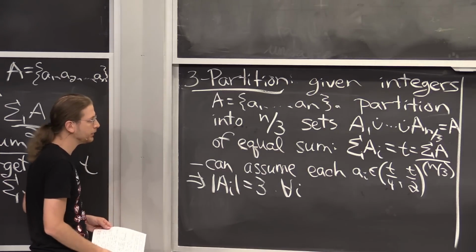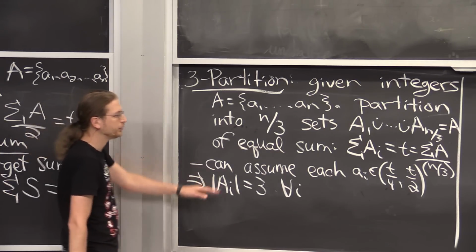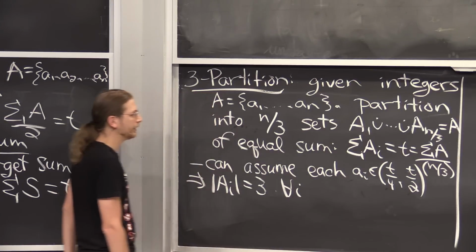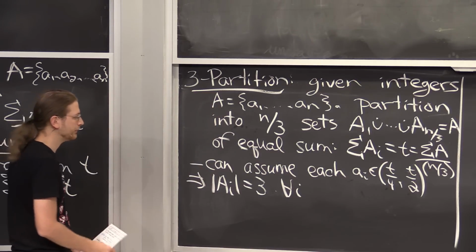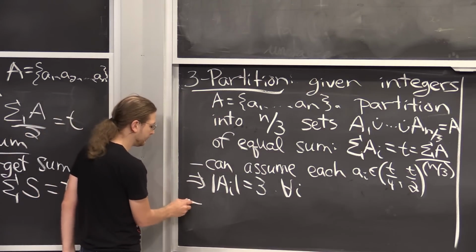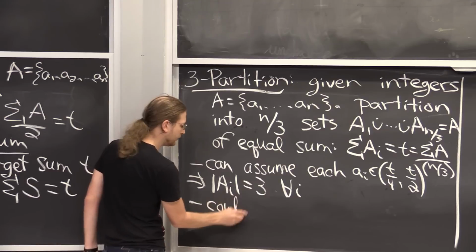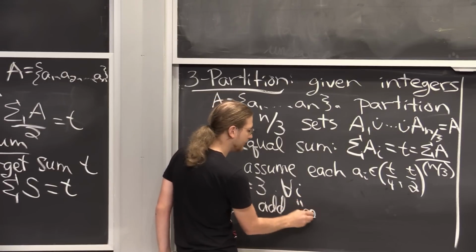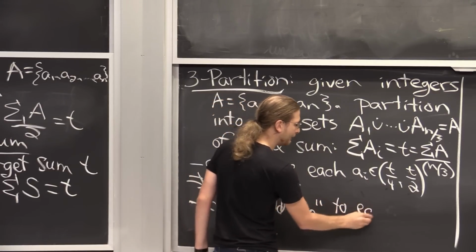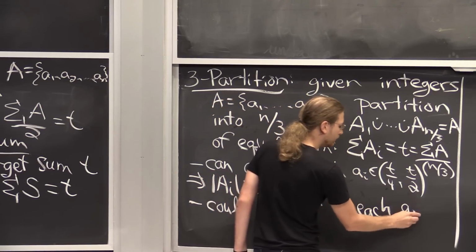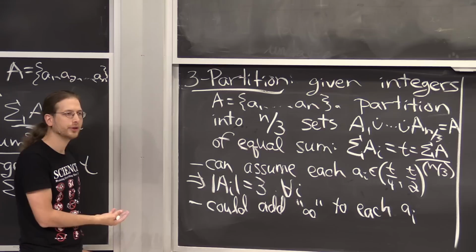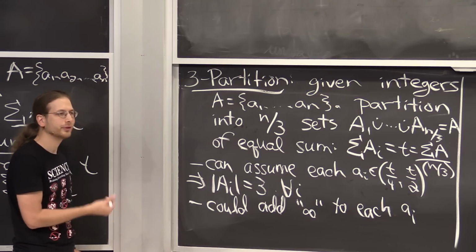In fact, once you have this, you can make all the a_i very, very close to t over 3 using a trick, which we'll see a bunch of times today. So let's say you add, I'll call it infinity, to each a_i. In that case, of course, any solution that you had before is still a solution.